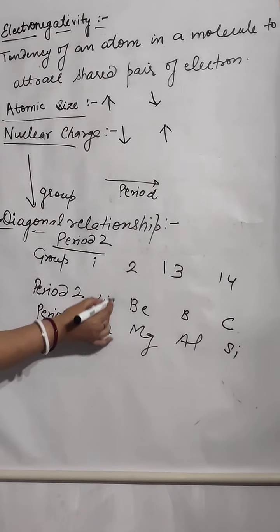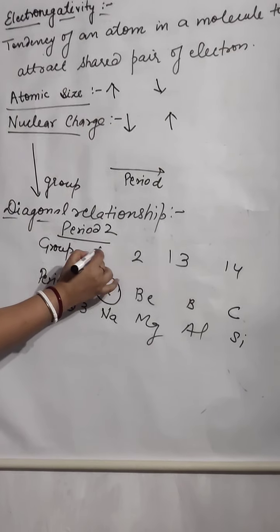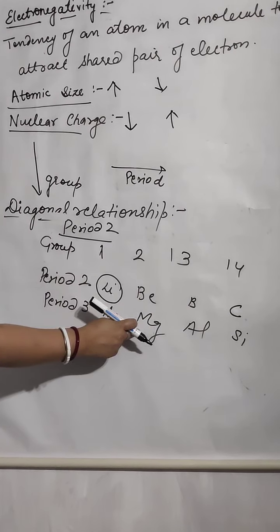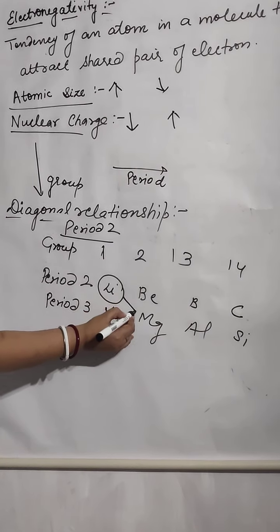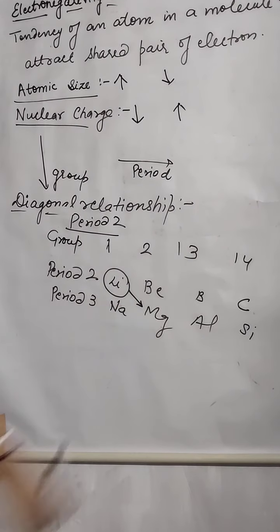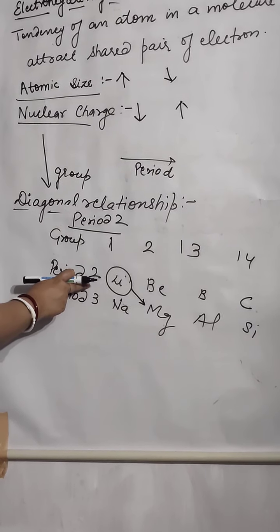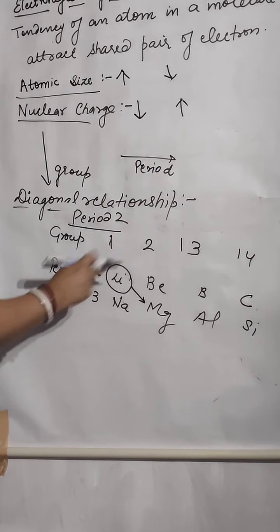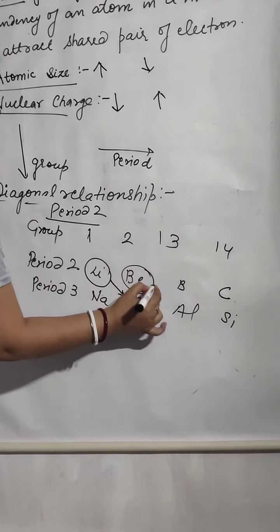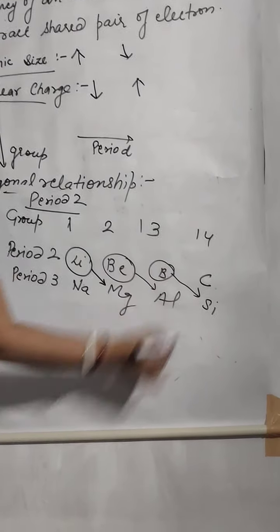Suppose this is lithium, a period 2 element. It shows resemblance in properties with the next group of period 3. Lithium is of group 1 and the next group is 2, of period 3, that is magnesium. So lithium will show similar, not same, properties with magnesium. Beryllium will show the relationship with aluminium, and boron will show the relationship with silicon.